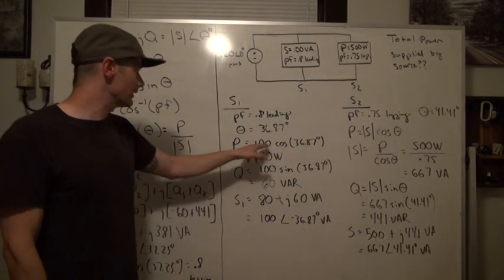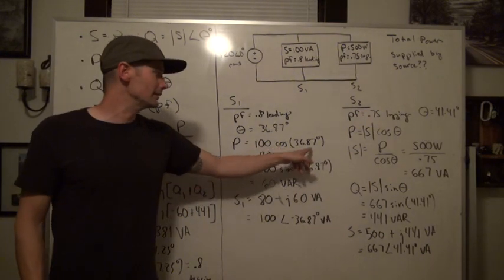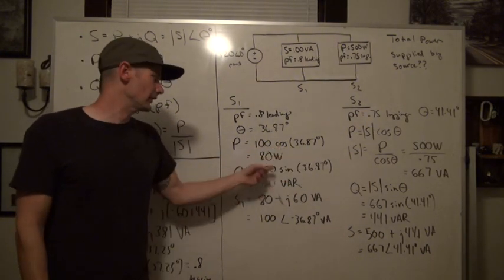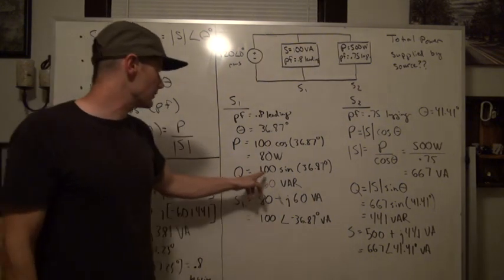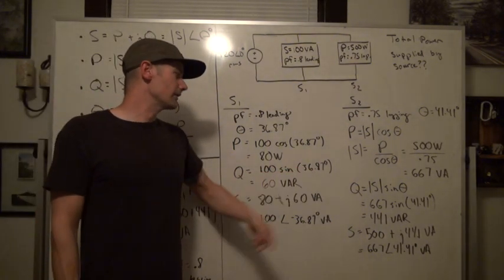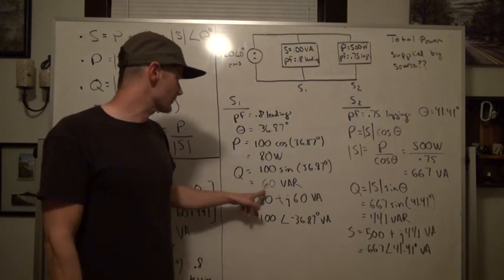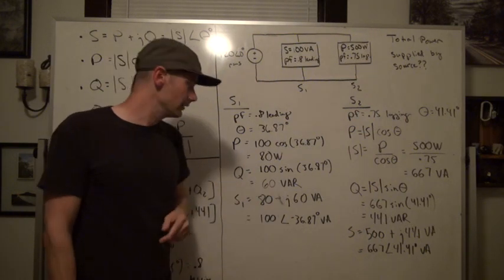So the apparent power, 100 volt-amperes, multiplied by cosine 36.87 gives us 80 watts. For the reactive power, 100 times sine of 36.87 degrees gives us 60 var.